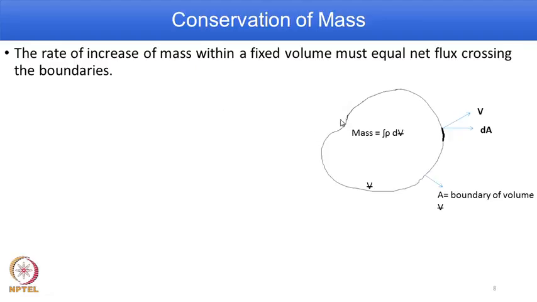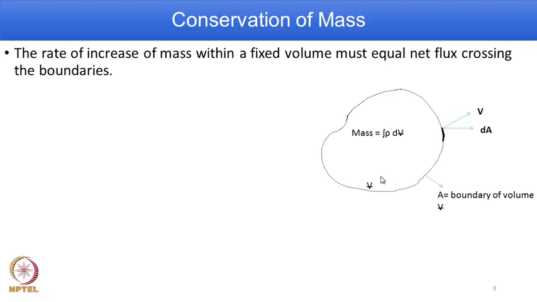So if you consider a control volume, the mass that is inside the control volume is rho into dV, where V is the volume given here. And at any point, dA is a normal vector, V is a velocity vector, and A is the area of the boundary of the volume.